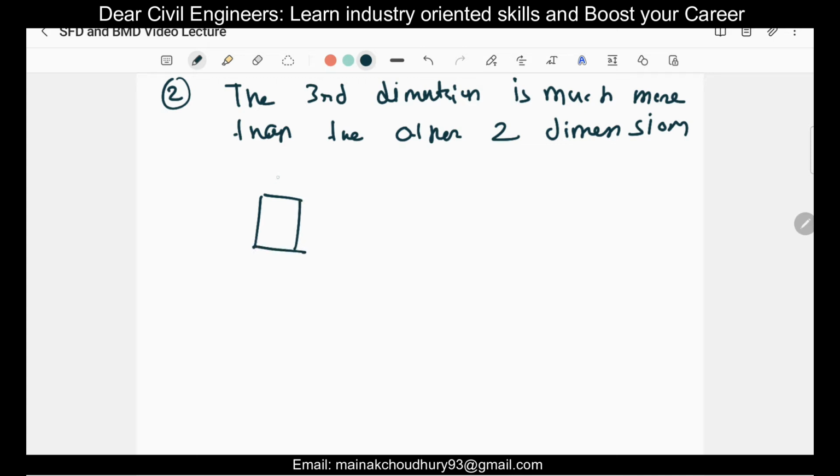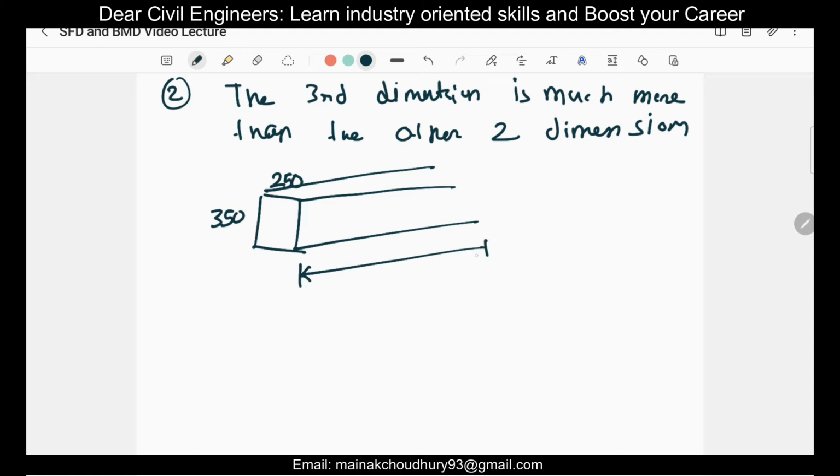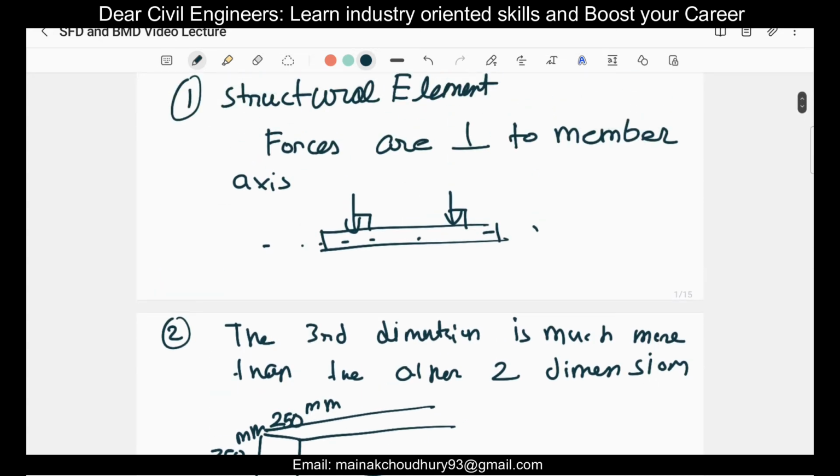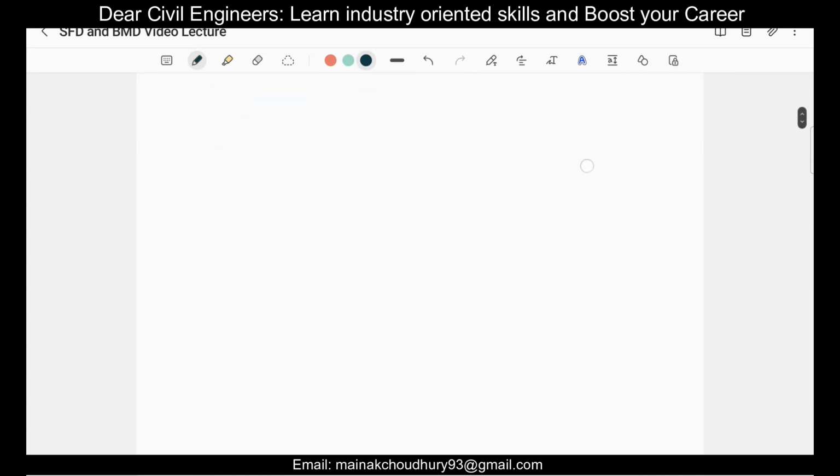Suppose the beam size is 250 into 350, and the length of the beam, one span, is 5 meters, or 5000 mm. So the third dimension of a beam is more than the other two dimensions. The same can be the case for a column also, but this is another definition. There are other definitions as well, but I think you now understand what a beam is, so we'll skip that.